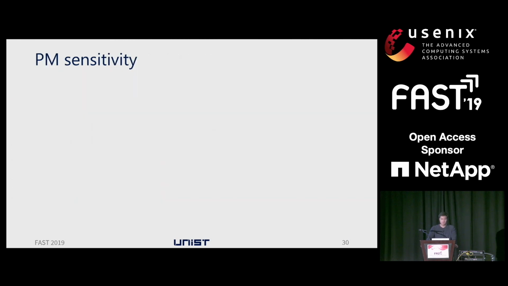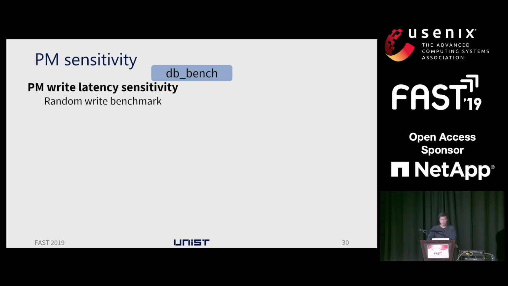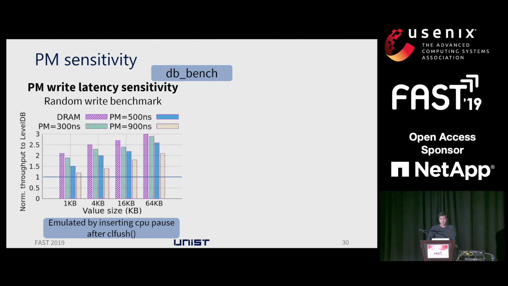So let me go over the sensitivity. We used DB bench for the sensitivity. The first one is write latency sensitivity. We emulated write latency by inserting CPU pause after CLFLUSH. From this result, we can see that even for the worst case of our scenario, persistent memory having write latency of 900 nanoseconds, it still performs better than LevelDB.